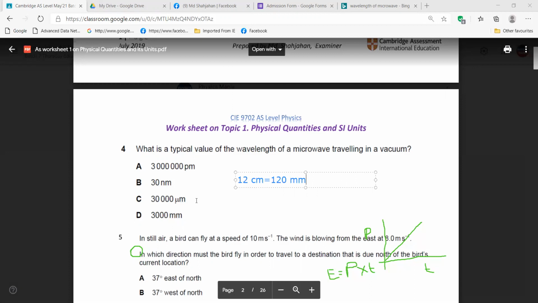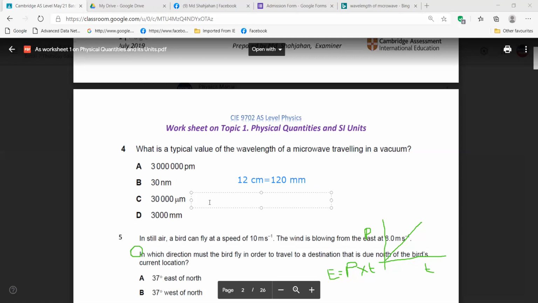Now we are going with this one, which one is showing 30,000 micrometer. Micro means 10 to the power minus 6. Yes, sir. Let me calculate it. So 30,000 into 10 to the power minus 6. Check how much is coming. It's coming 1.2 times 10 to the power minus 4.